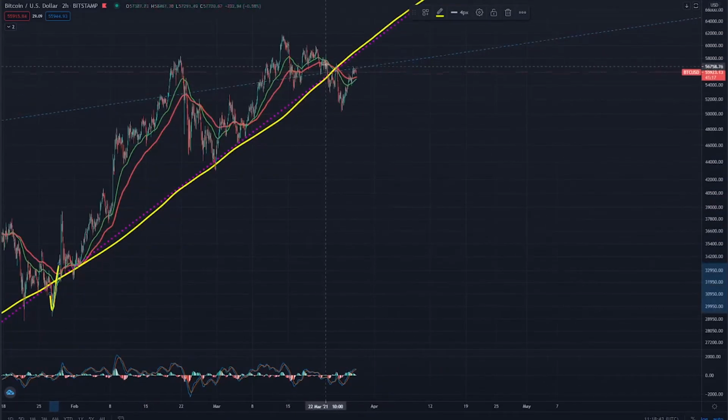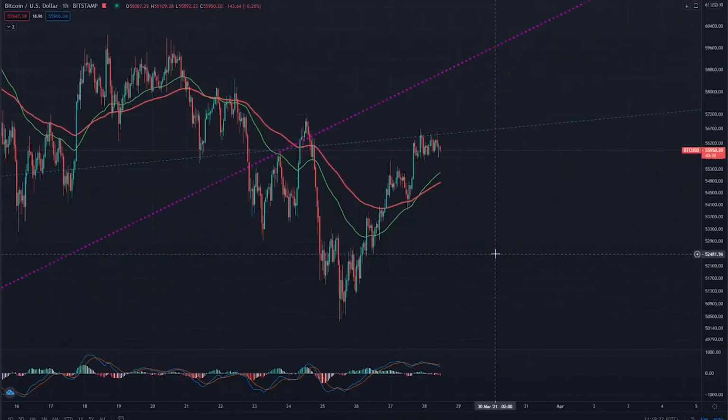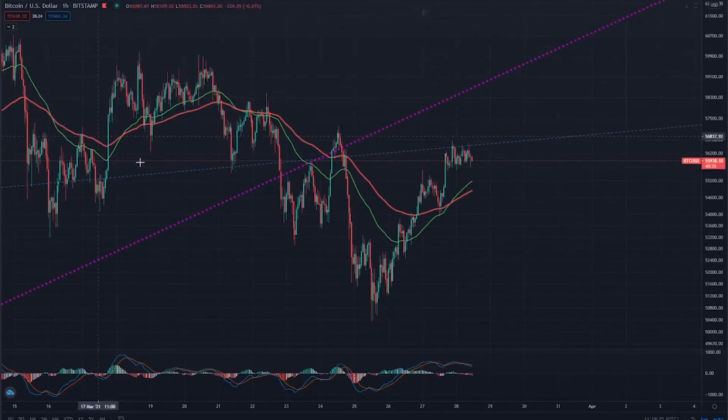However, now we are breaking much more significantly under this long-term support, which could be a little bit worrying. Also, we are still under this dashed line, the middle of the channel, so it's a little bit of a bearish look so far.